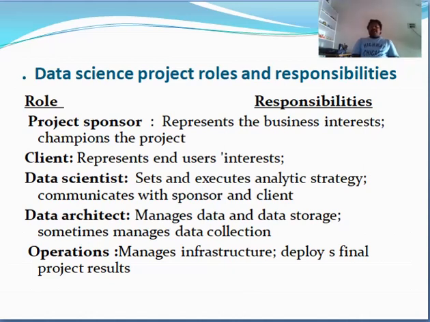The whole data responsibility belongs to the data architect. Next role is operations.